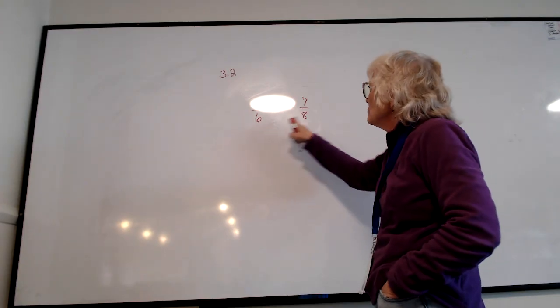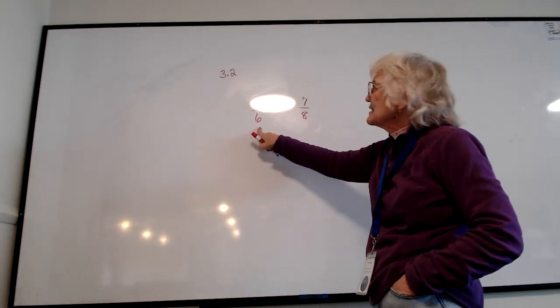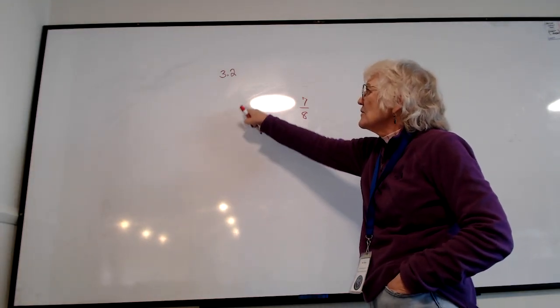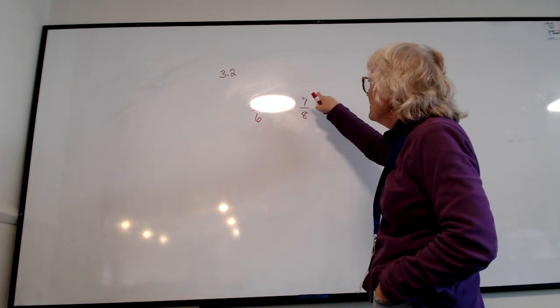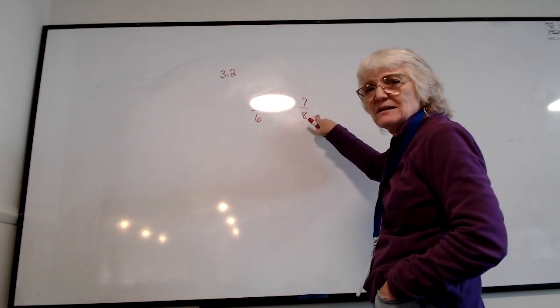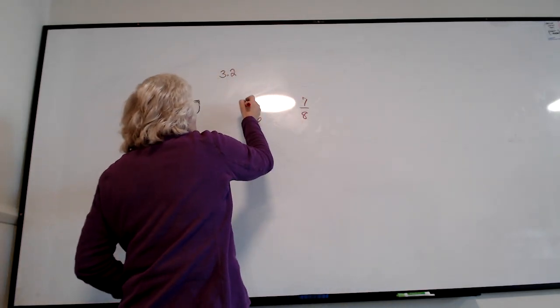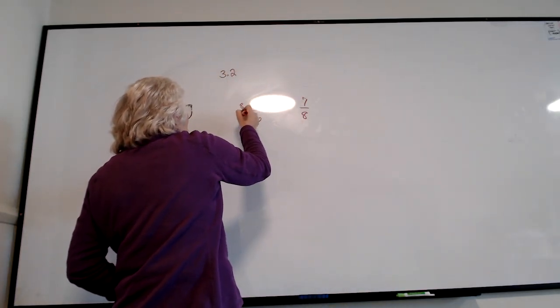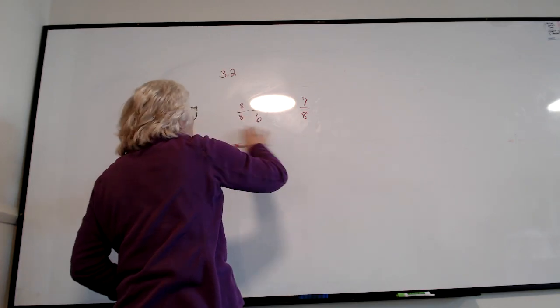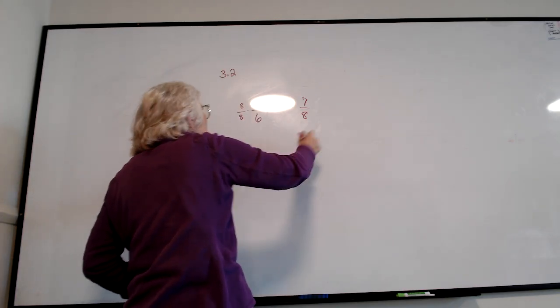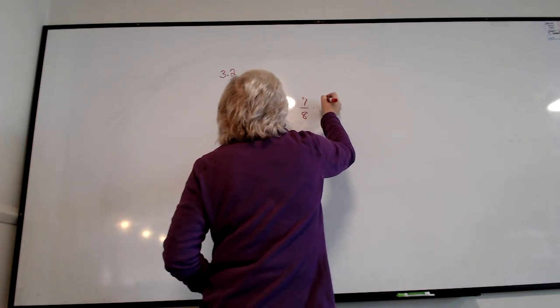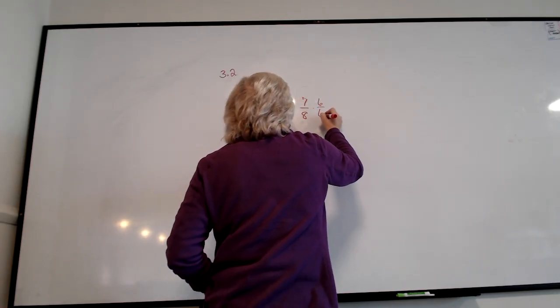So we could multiply this number by 8 over 8, and this number by 6 over 6. We're going to multiply this by 8 over 8, which is really 1. It doesn't change the fraction. We're going to multiply this one by 6 over 6.